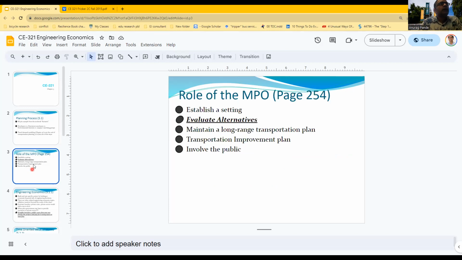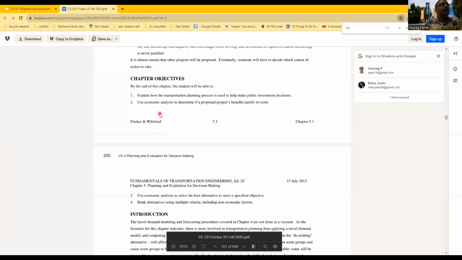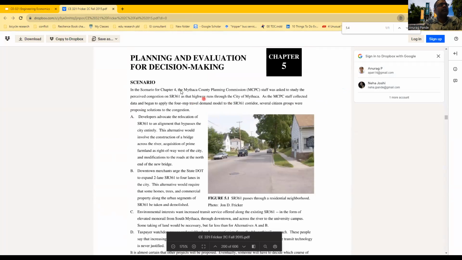Okay. Role of the MPO. MPO is the Metropolitan Planning Organization. Basically, for this area, it is the San Luis Obispo Council of Governments in our region. They make a lot of decisions around where to allocate funding. In the example problem that you saw in the textbook, it's the Mythica County Planning Commission that they were talking about.